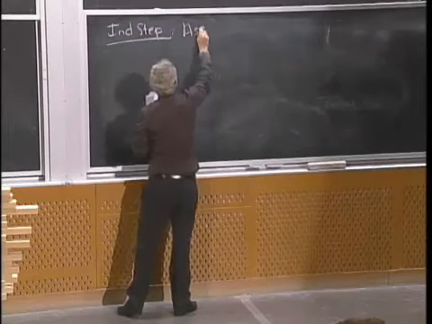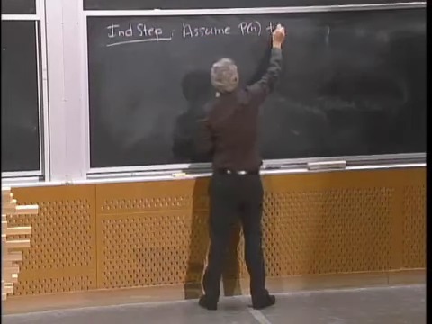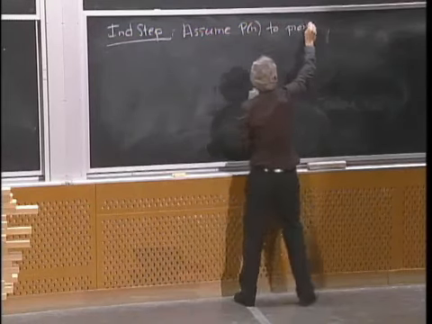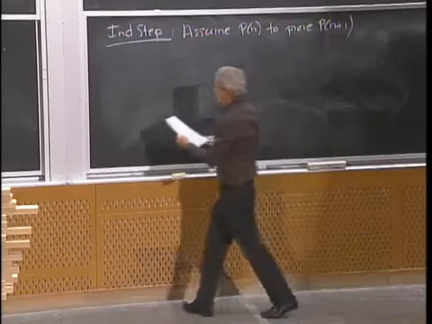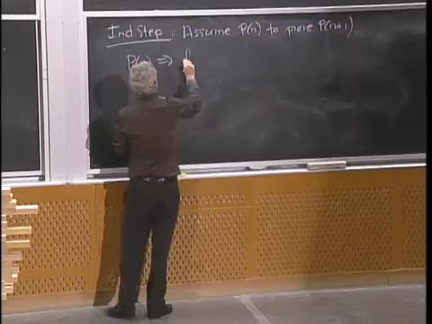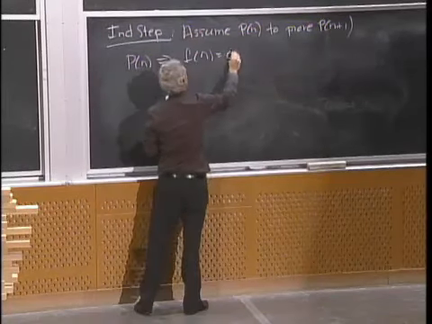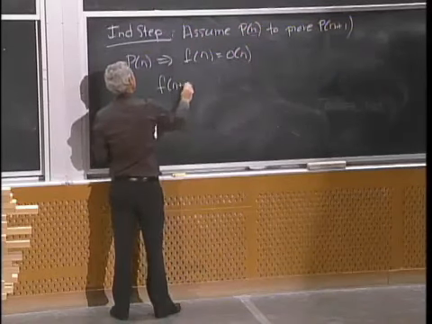We assume P of n is true to prove P of n plus 1 is true. Well, P of n means that f of n is O of n. Now I look at f of n plus 1.